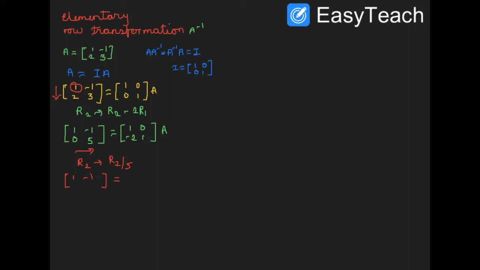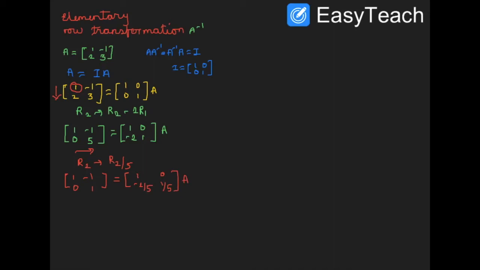It is always better that you write the first row first and then you write down the second row. So this is a 0. See, while performing the operations, the previous values are not changing. And this is a minus 2 by 5. And let me give some space over here. This was a 0 and this was a minus 2 by 5, and this becomes a 1 by 5 and A.